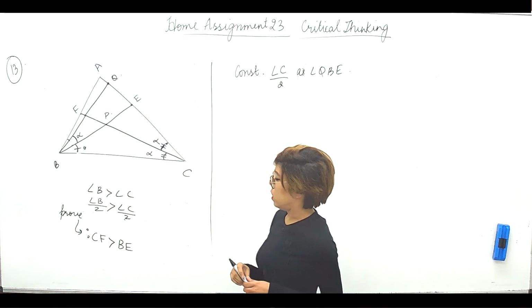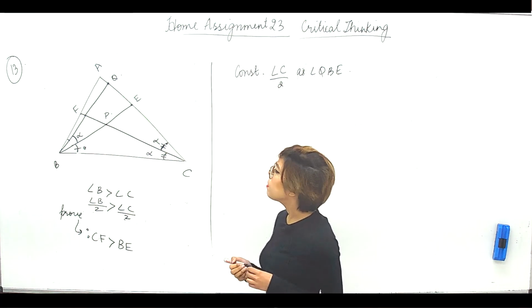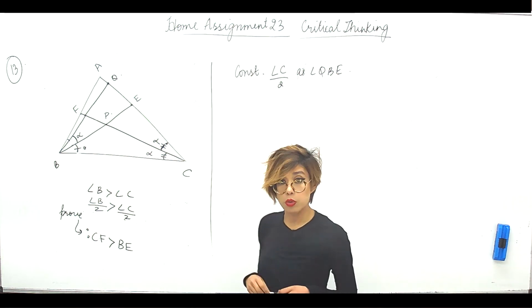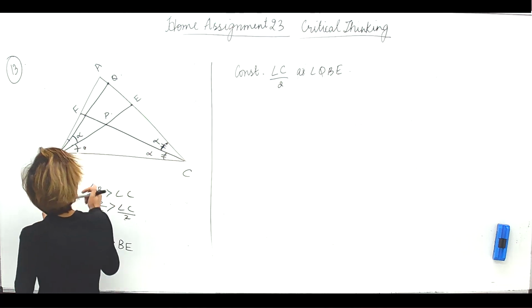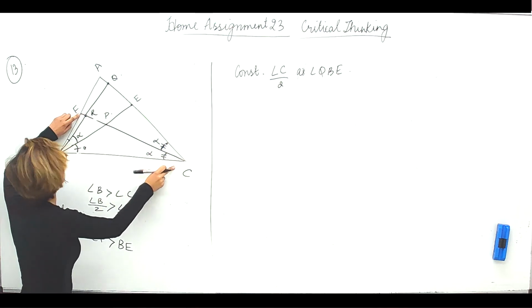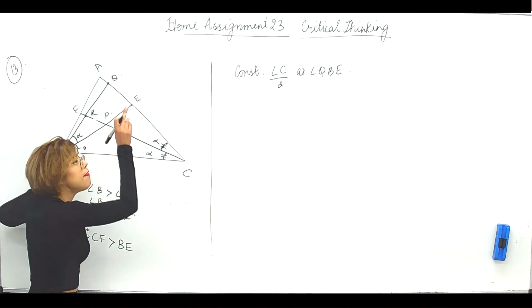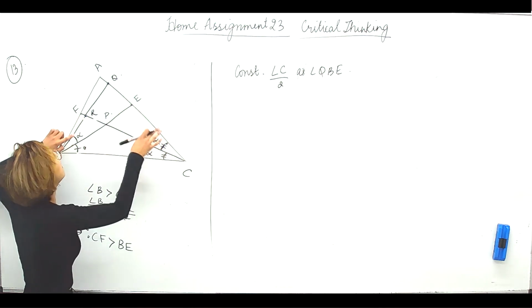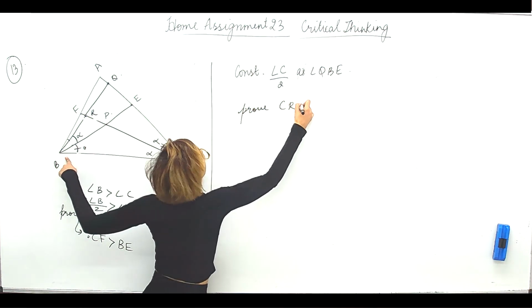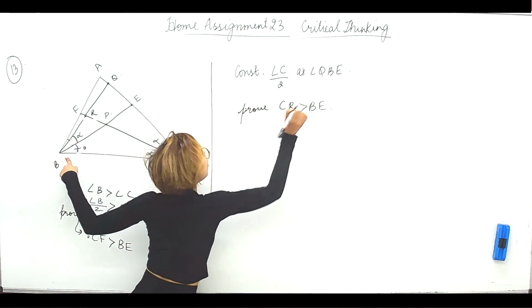Right? Okay. Now you will say, ma'am, okay, but I don't see the benefit. Right? True, true. Now let me name this point R. I needed to prove that CS is greater than BE. If I am able to prove that CR is greater than BE, the problem will be solved.